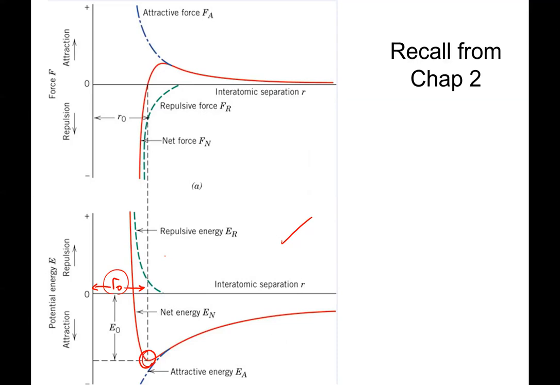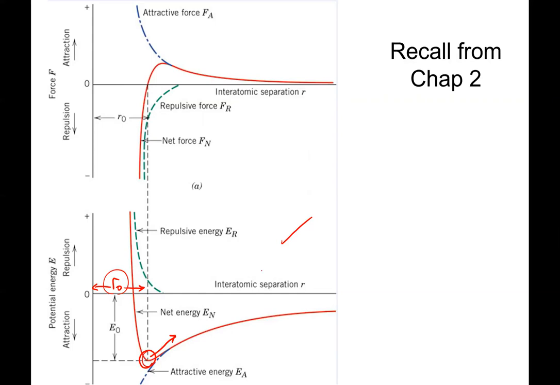That would be us walking along this curve. I'm really exaggerating the amount that we would walk along that curve here, as we stretch the sample. And then if we let go, we would come back to this equilibrium position.